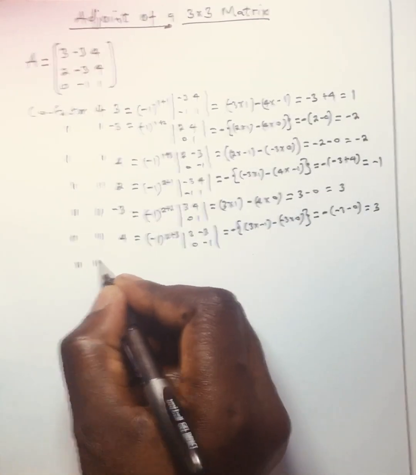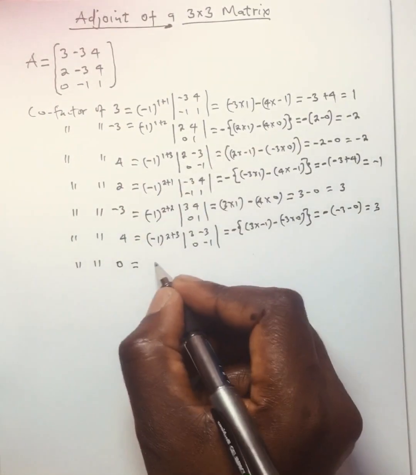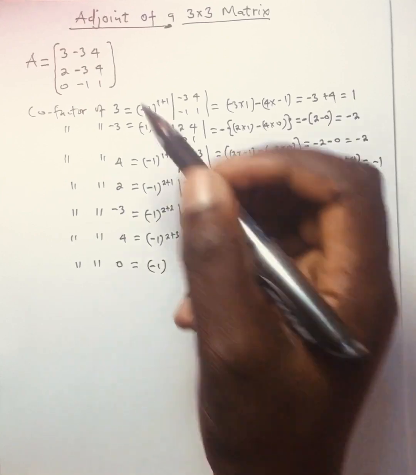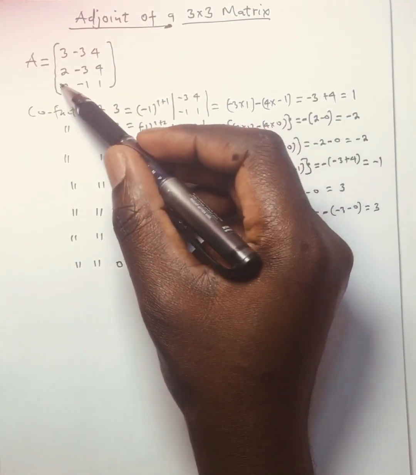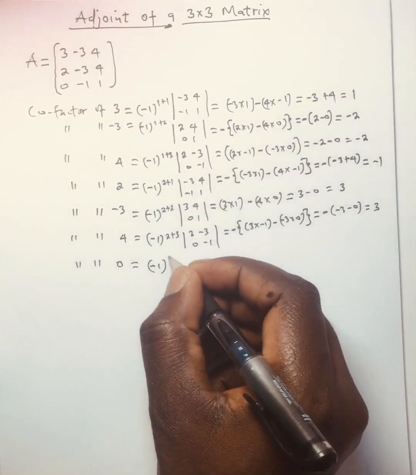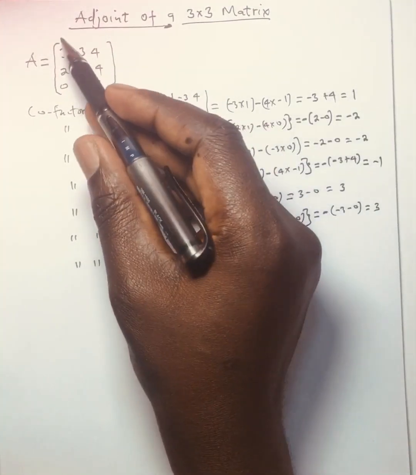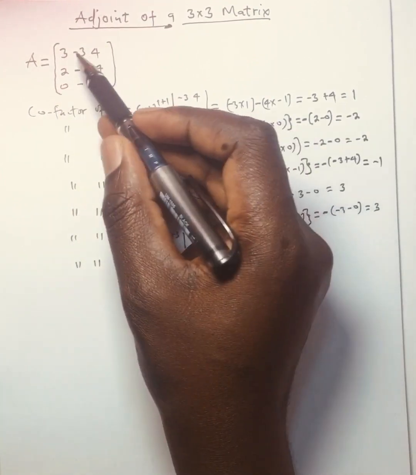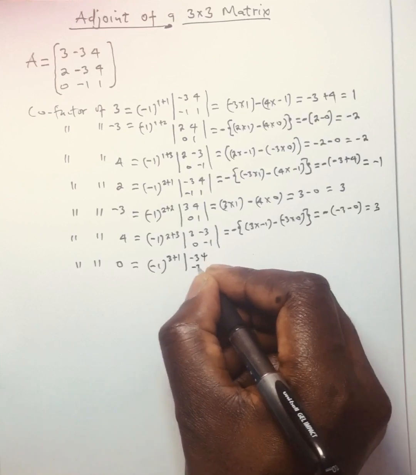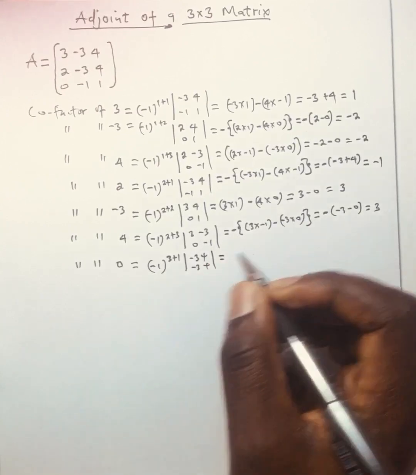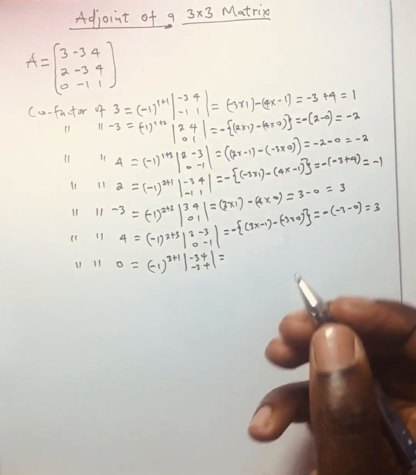Then the next number is 0. Let's get the cofactor of 0. We have negative 1 raised to the power of its position: 0 is in row 3, column 1, so that is 3 plus 1. When you cover its column and row, you're left with negative 3, 4. Because the power is even, the negative will disappear.